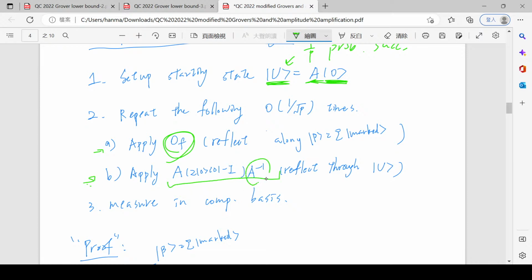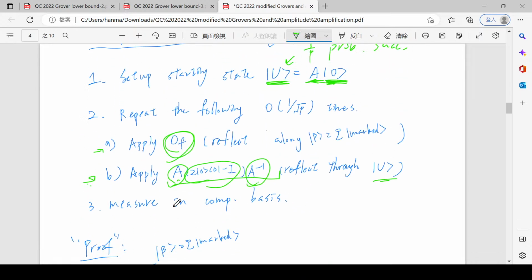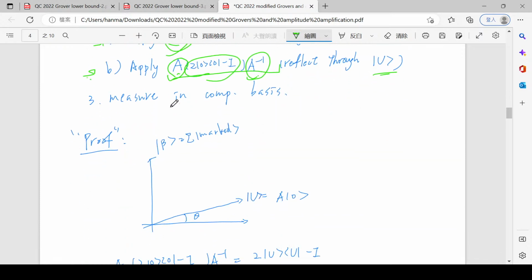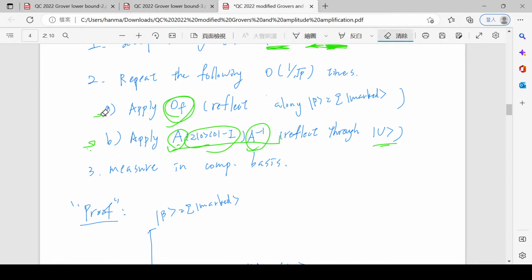So you compute A, then you do reflection around the starting 0 state, then you compute A back. And then we're going to say that this is actually a reflection around U. And so you do those order 1 over square root P times, then you measure in computational basis, and that should give you a marked item.